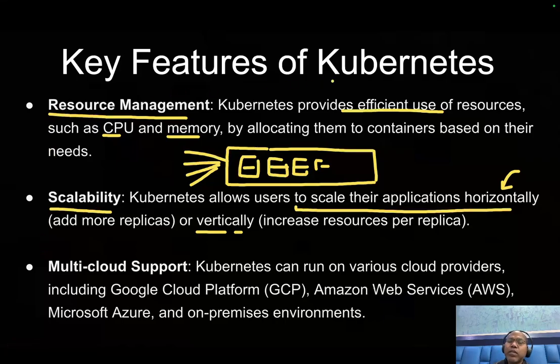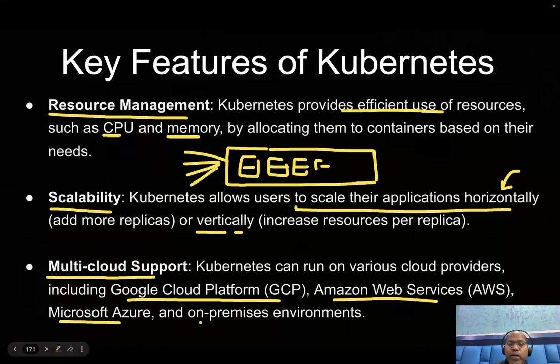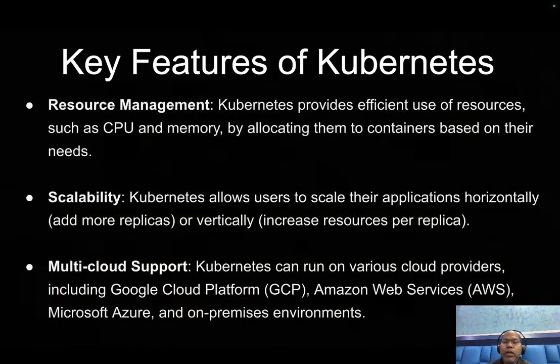And a good option, this Kubernetes option, is multi-cloud support. That means the Kubernetes engine can be provided by various cloud providers. As we talk about, GCP provides it, Amazon provides it, Azure provides it, and on-premises environments too. That means if you are building an application on the concept of Kubernetes, your application is very flexible, and it can be deployed on different clouds, GCP, AWS.